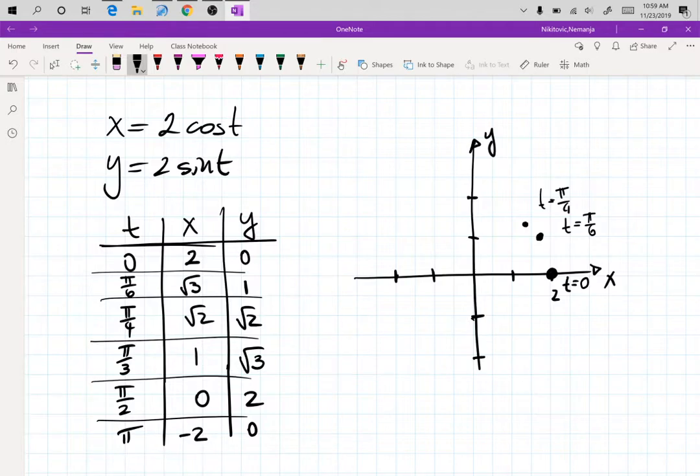The next one is 1 and root 3. That is going to be somewhere over here for t equals pi over 3. And finally, pi over 2 is right there.